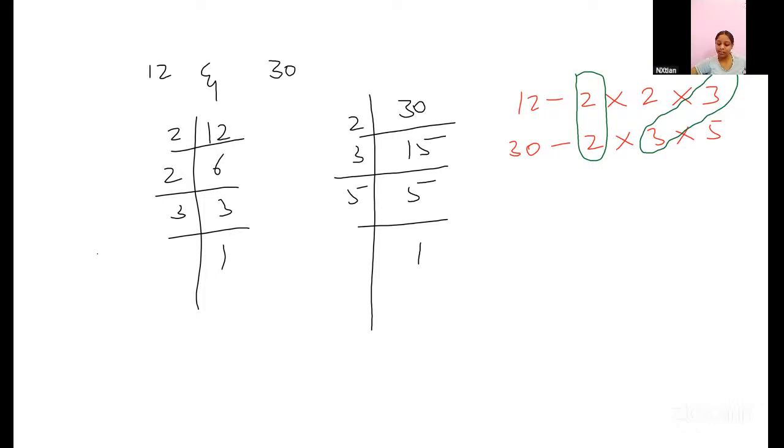So 1, 2, I will take out from here, and 1, 3, I will take out from here. Multiply 2 into 3, 6. My HCF is 6. Okay. Understood now?